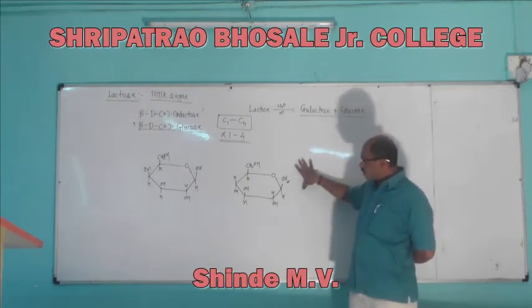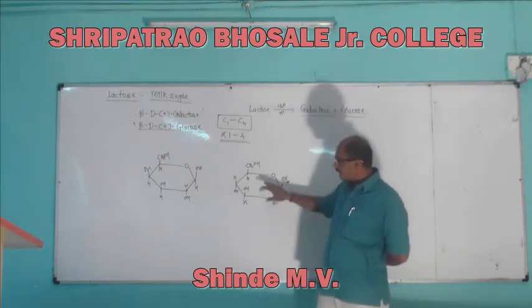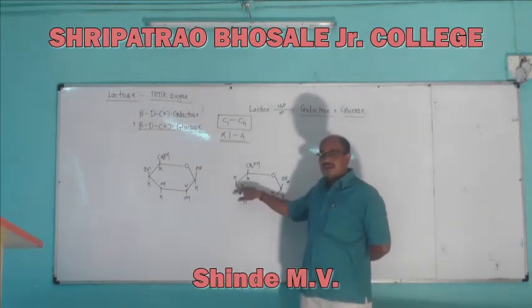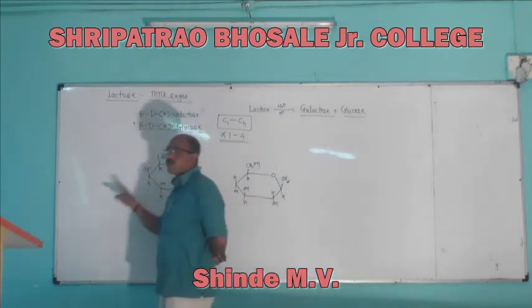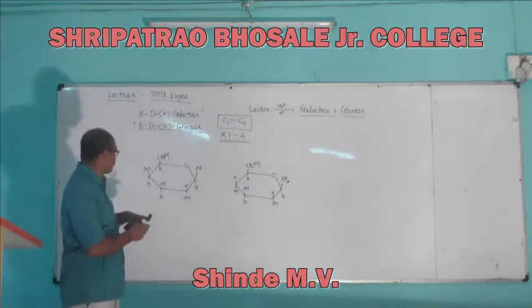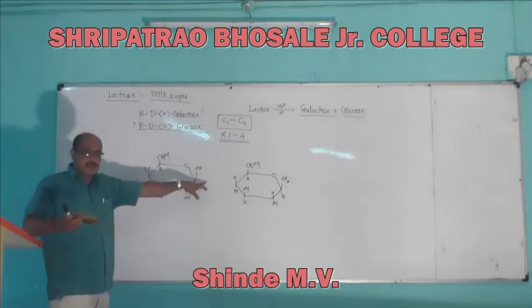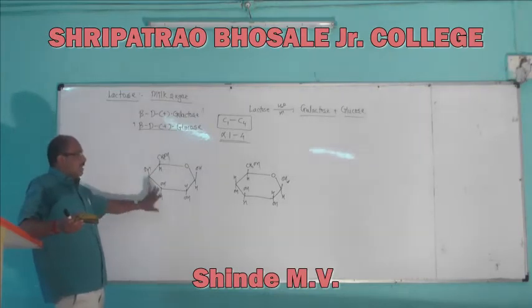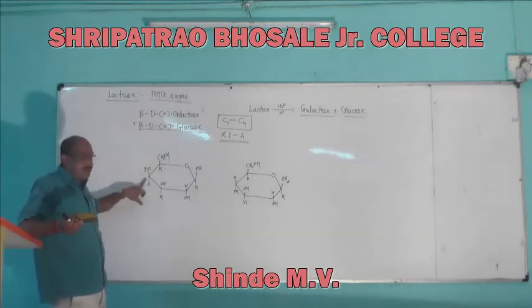And when we observe the structures of beta D glucose and beta D galactose, we have a change in the position of the hydrogen group at only one chiral center. This one is the epimer. Galactose is an epimer of the glucose molecule.